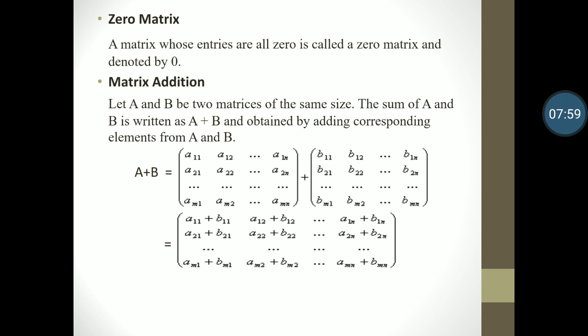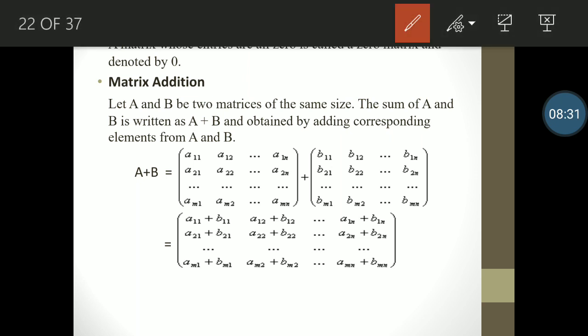Next is matrix addition. As per the vector addition, we can calculate our matrix addition. If we have two matrices A and B, A has some rows and columns as shown in the figure, and B also has some rows and columns as shown in the figure. The addition of those two matrices will be A11 plus B11, meaning the first row, first column element of our first matrix and the first row, first column element of our second matrix will be added, and it will make the first element of our addition matrix.